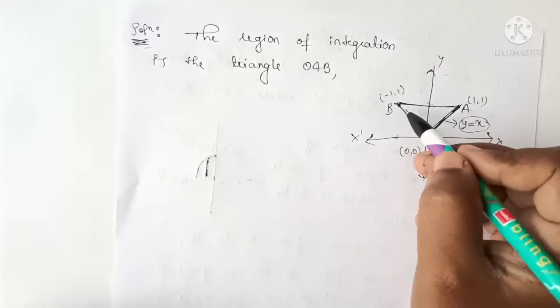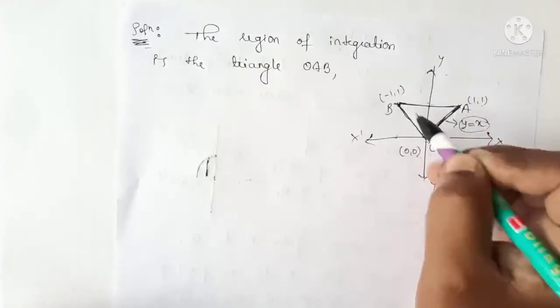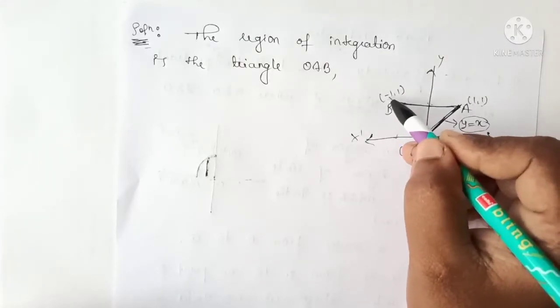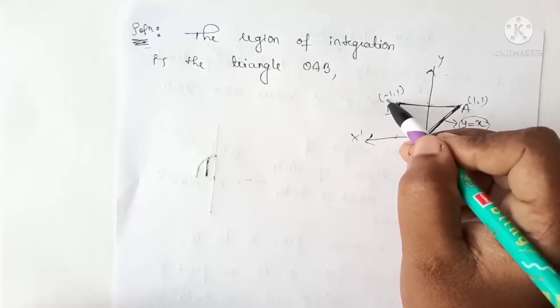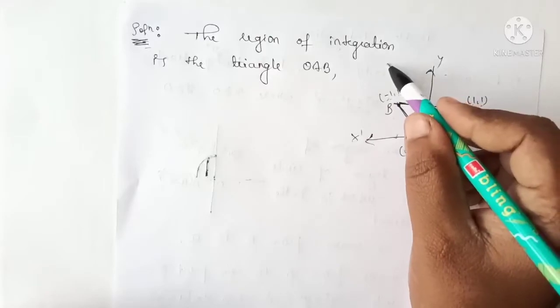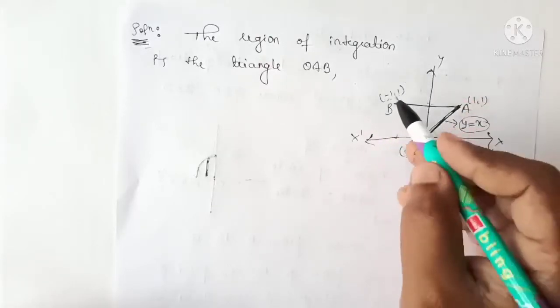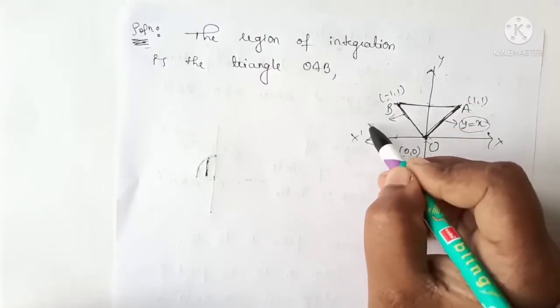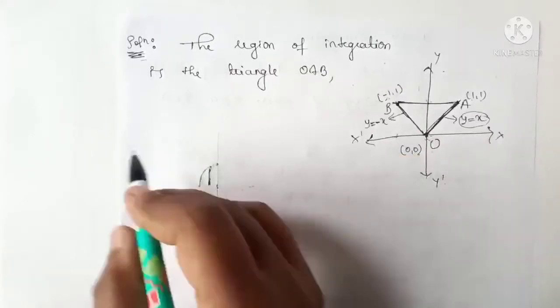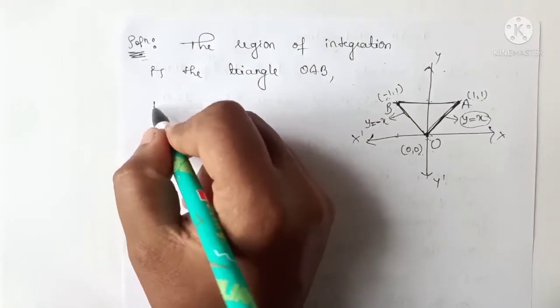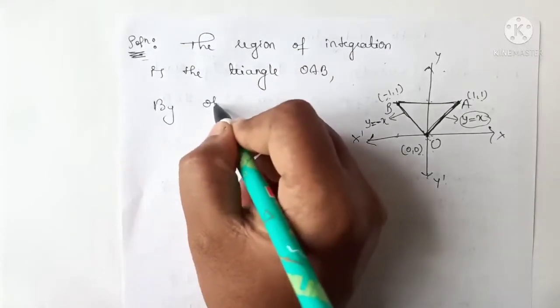Similarly, this line represents y equals minus x, because if y equals 1, x equals minus 1; if y equals 2, x equals minus 2, like that. So this represents y equals minus x.